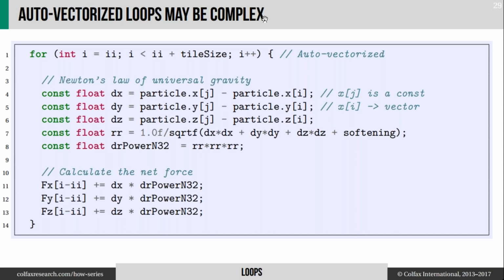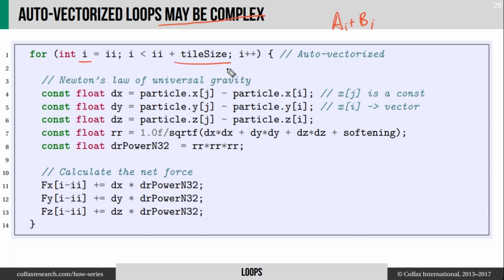So far, I've demonstrated only A[i] plus B[i] type calculations, and I don't want you to think that this is the limitation of automatic vectorization. It is not. Auto-vectorized loops may be quite complex. Take a look at this snippet.